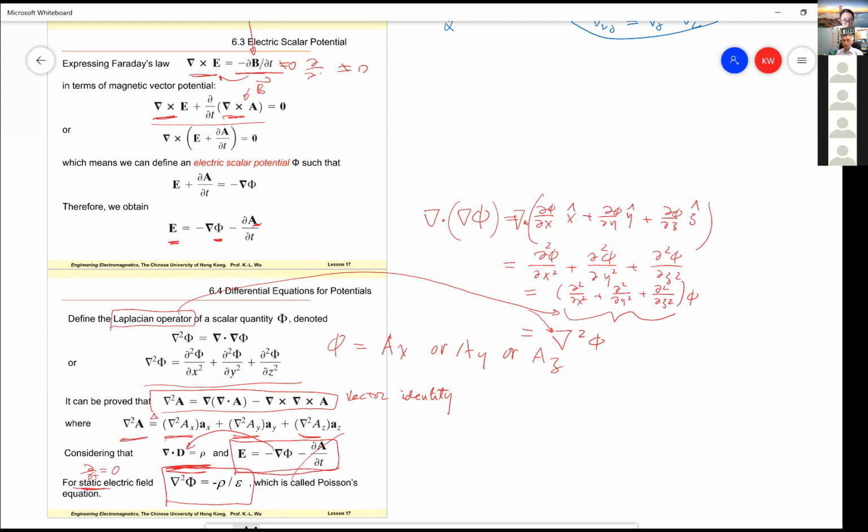With Poisson's equation, if you know the charge distribution for a time invariant field, you only need to solve a scalar field.